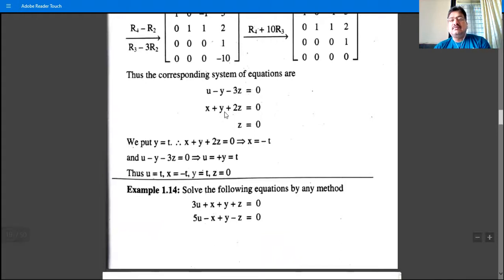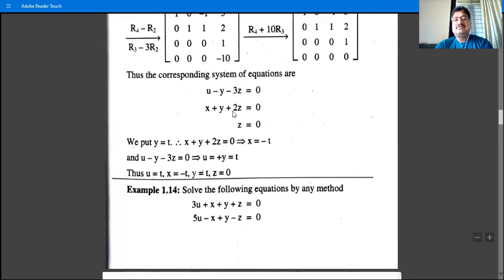If you observe, there are 3 equations, but the unknowns are 4: u, x, y, z. So we have to assign one unknown. We have the value of z, so don't assign z; suppose we assign y. So y is t.